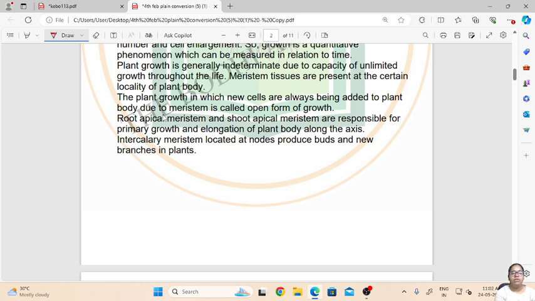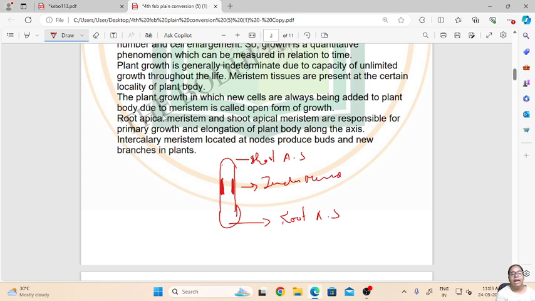Intercalary meristem. So if this is the shoot apical system, and if we consider this as the root apical system, the tissues which are present at the nodes are called intercalary meristem, and these are located at the node.